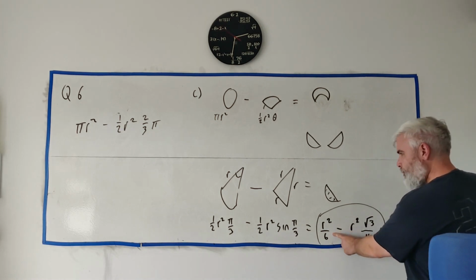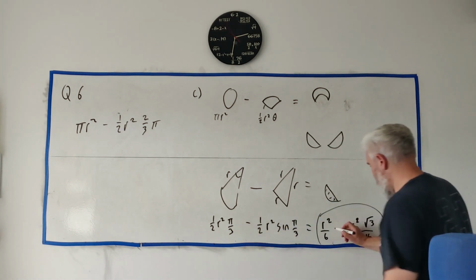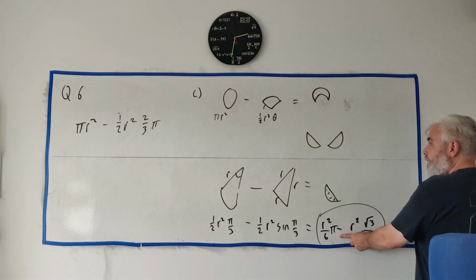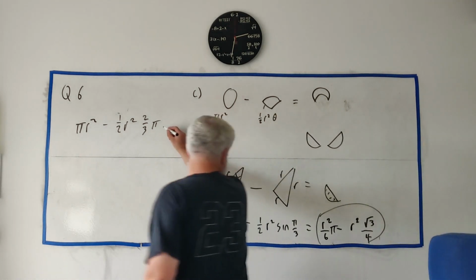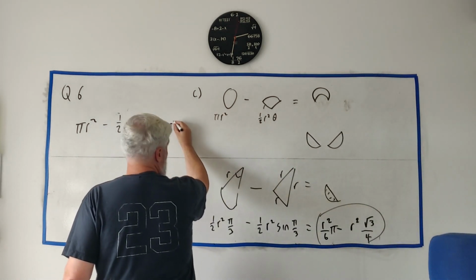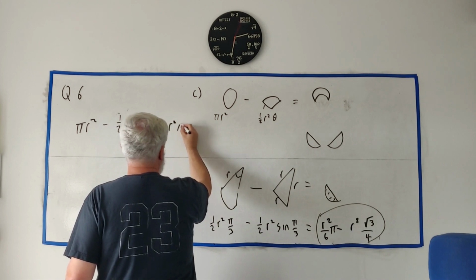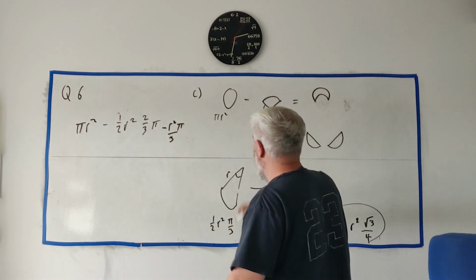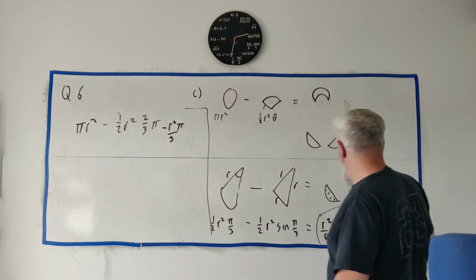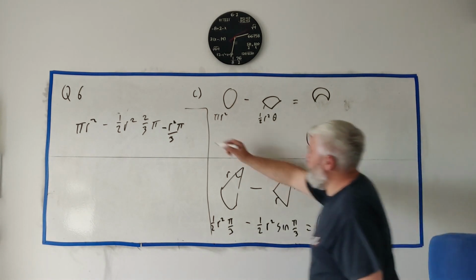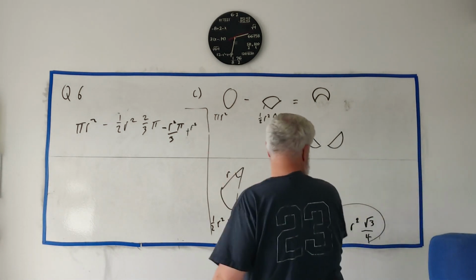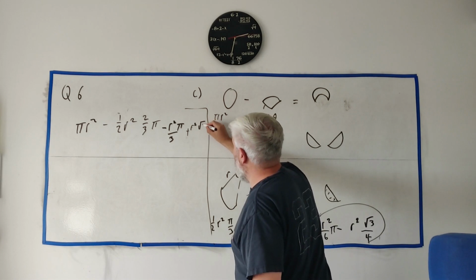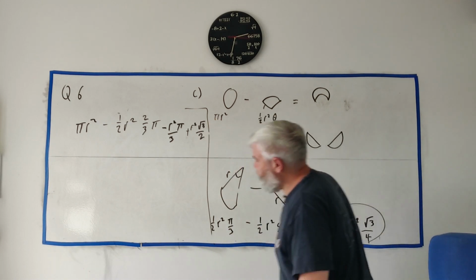Oh, I just realized I'm missing a pi here. Yeah, okay, pi over here. So I'm going to take away 2 of these guys. So minus r squared pi over 3. And then minus a minus would be plus r squared square root of 3 over 2.